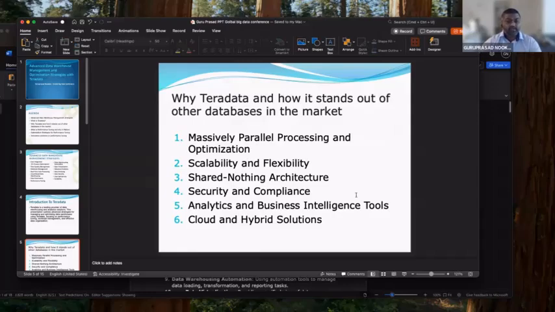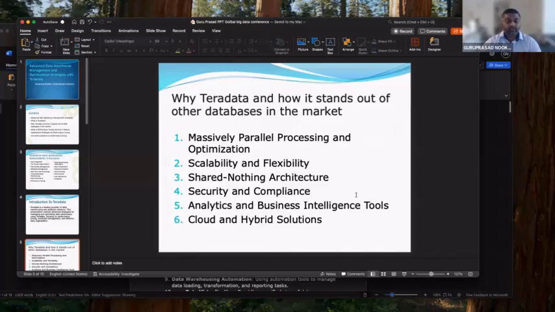Security and compliance. Teradata also offers security and compliance features that protect the data and the users. Teradata supports encryption, authentication, authorization, auditing, and masking to ensure data confidentiality, integrity, and availability.